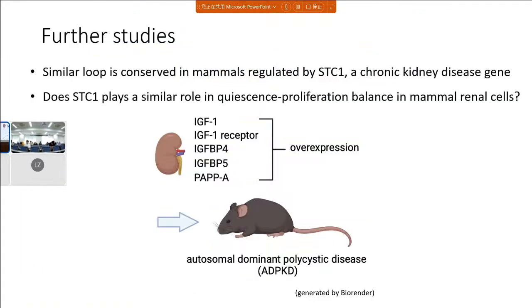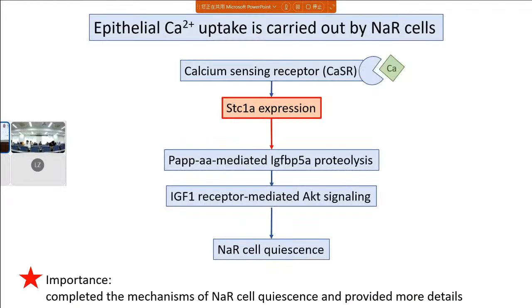So, in fact, many of the mechanisms mentioned in this research were already solved in previous studies. The blue blocks are the facts that we already knew before.